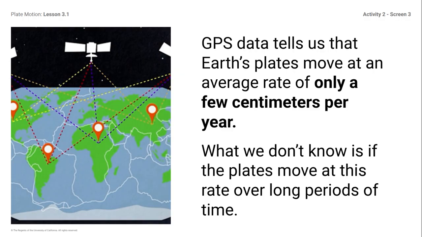We've only had it for a good 50 years or so, maybe a little bit longer, but not by much. So they are able to start collecting the data, but they're not able to figure out hundreds of years or thousands of years, because we haven't been able to collect that data.